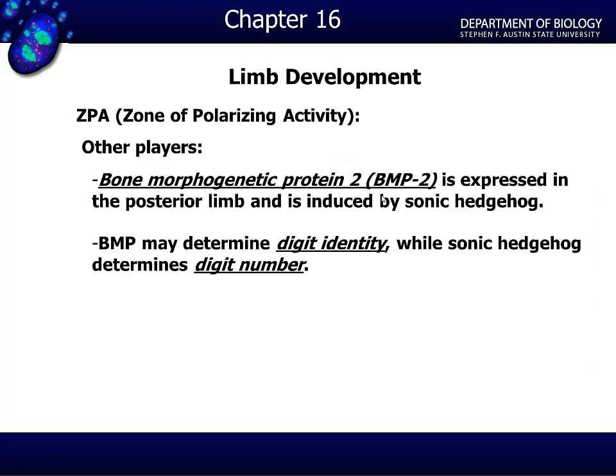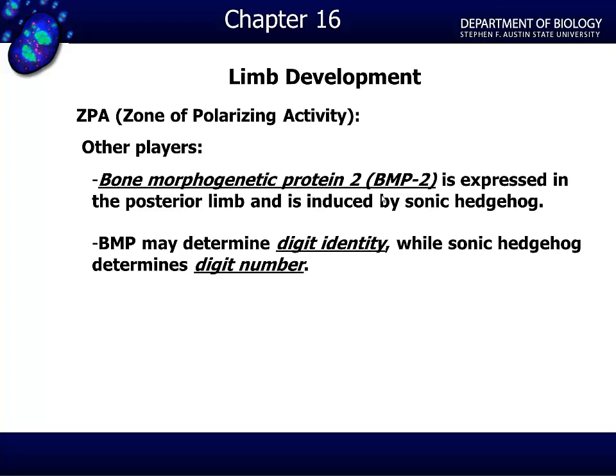But not to leave anyone else out, we have bone morphogenetic protein also expressed in the ZPA, and we know BMP is influenced by sonic hedgehog as well. And so the current model that we're sort of putting together now really looks like bone morphogenetic protein is what may actually determine digit identity.